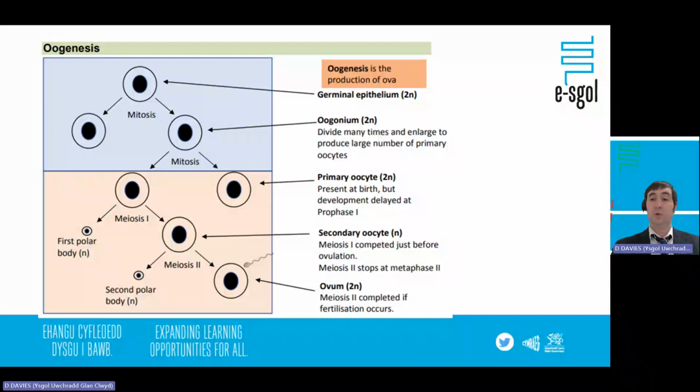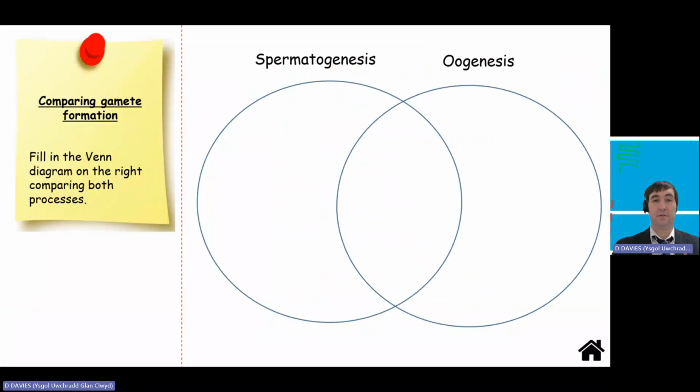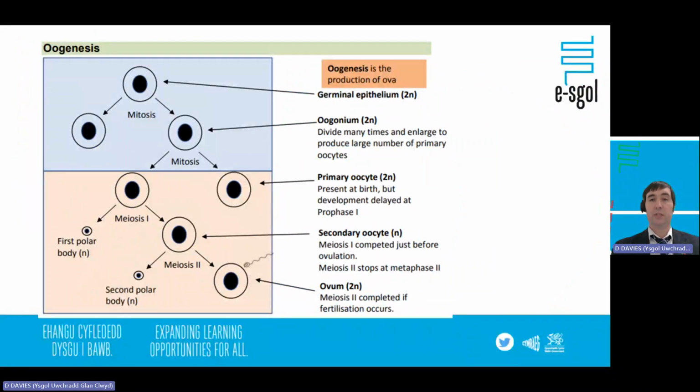Okay, oogenesis is slightly more complicated. You do have similarities, but there are also differences. So oogenesis happens in the ovaries. You have a germinal epithelium, the same as you do in spermatogenesis.